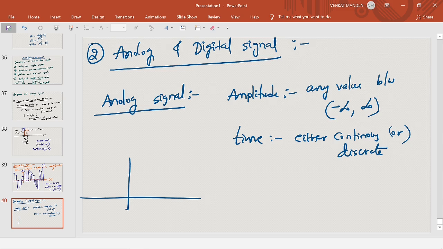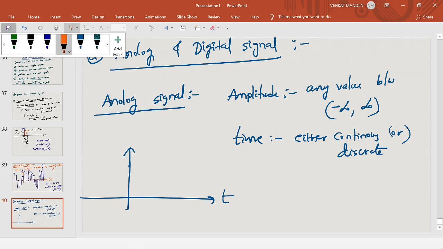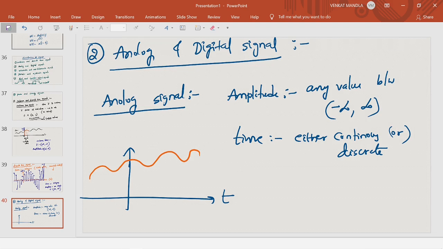Suppose the time axis is continuous. Then the amplitude is any value between minus infinity and plus infinity. So this is like this, some x of t.